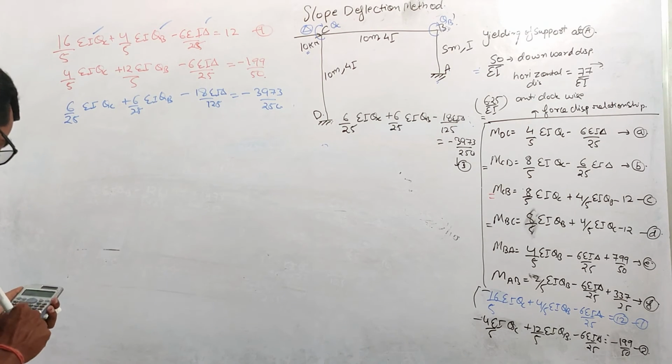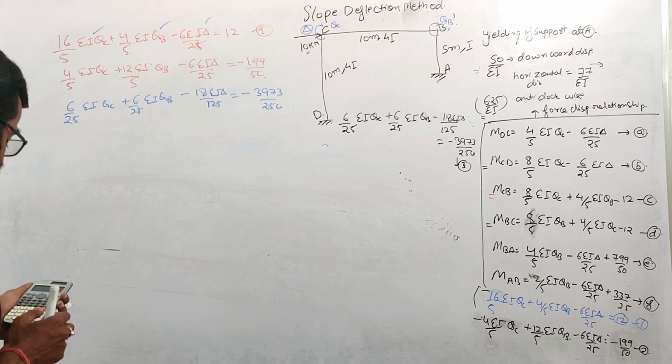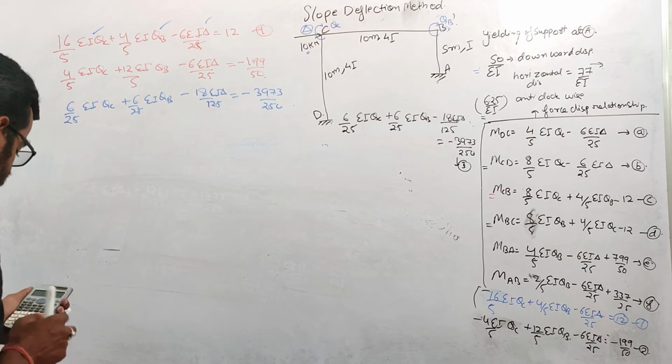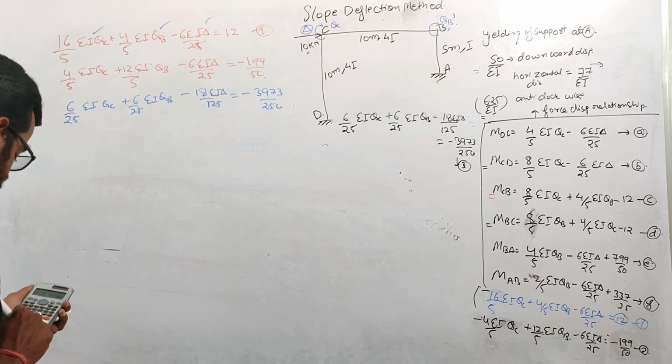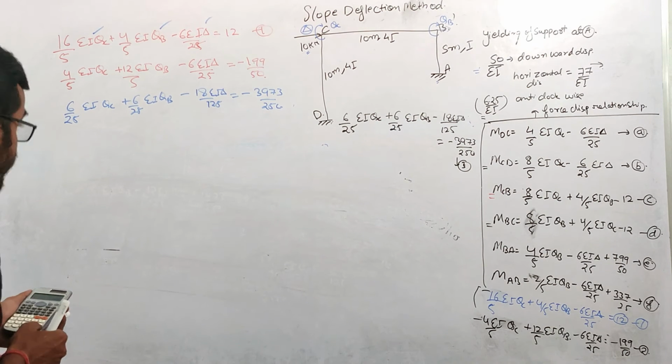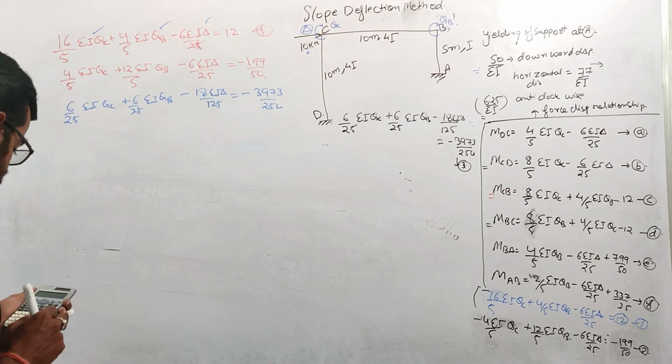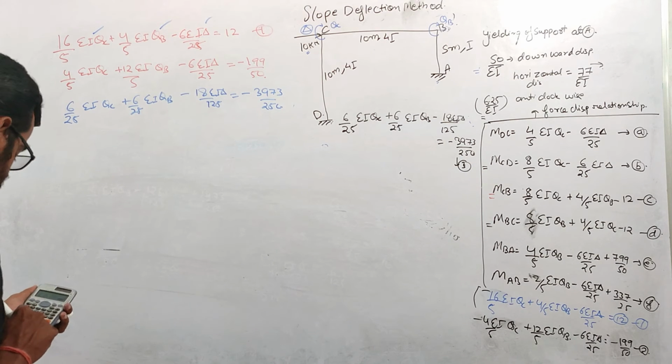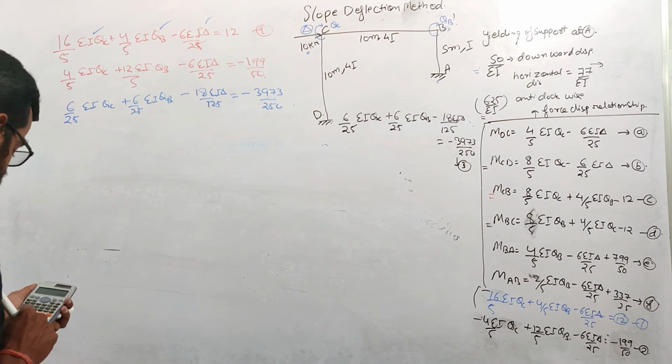This equation is 6 divided by 25, 6 divided by 25, C is minus 18 divided by 125. This is equals to minus 3973 divided by 250.